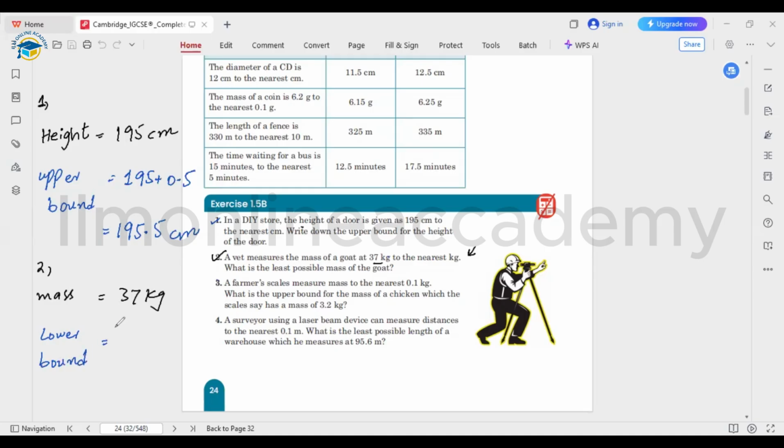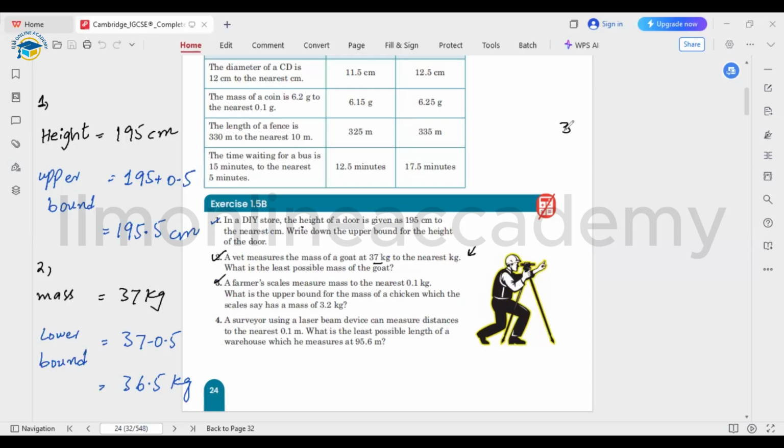Again, the number they gave is according to the 1 unit, so from this 37, we need to subtract 0.5 this time. This will be 36.5 kilograms. So this is your lower bound for this second part. Hopefully this is clear to you.